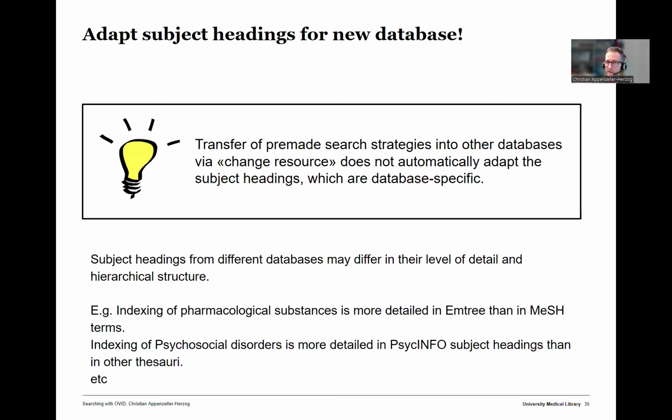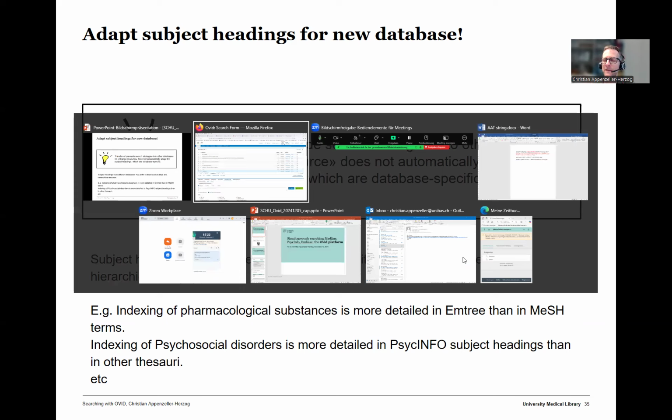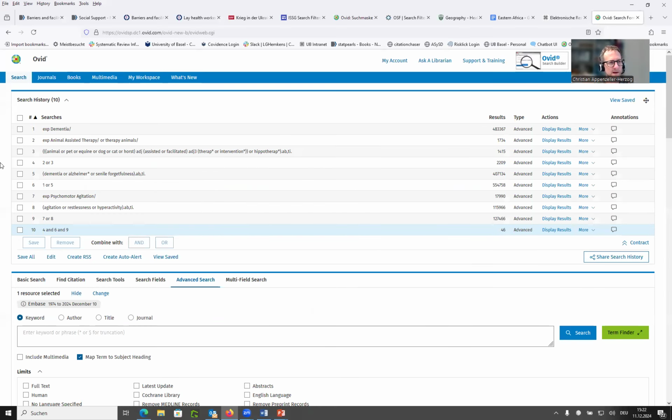Maybe you get more specific terms and you would like to switch to the more specific ones, and in MeSH, they are just not available. Okay, so it always makes sense to have a look at these subject heading catalogs. And you would do this exactly the same. I am not going to do this now for every subject heading, but maybe let's quickly have a look at animal-assisted therapy.